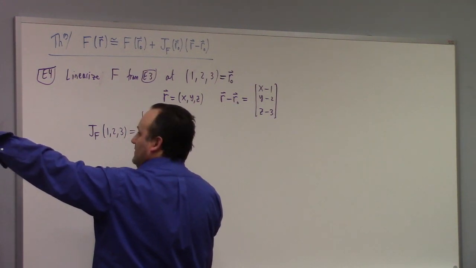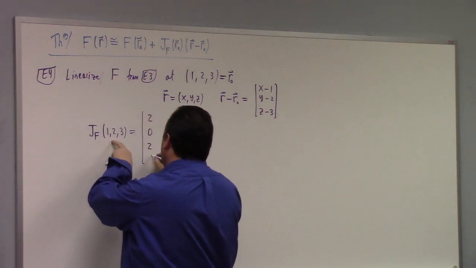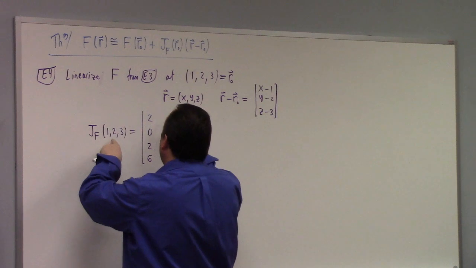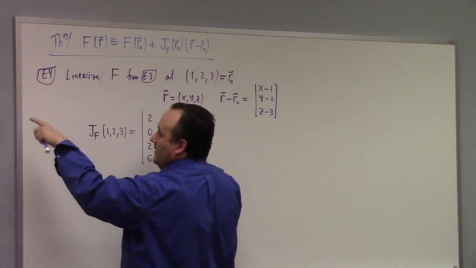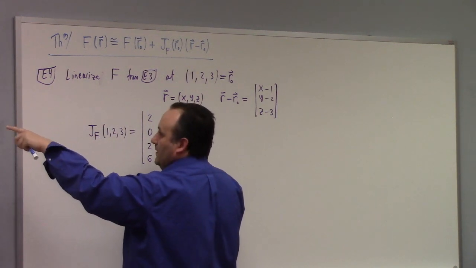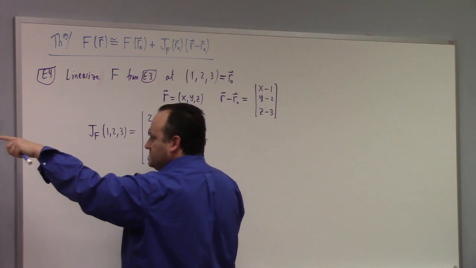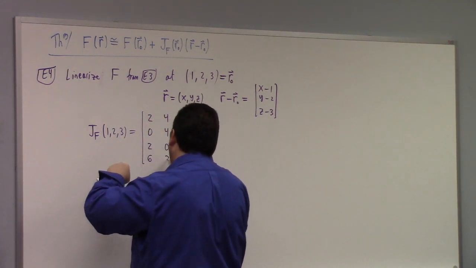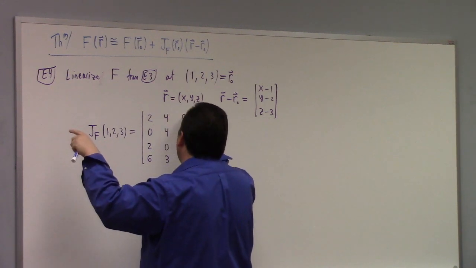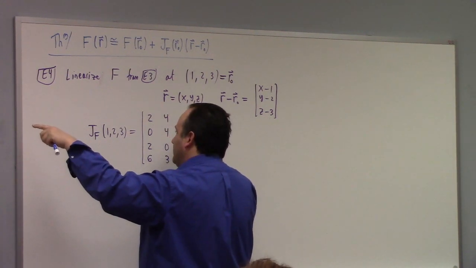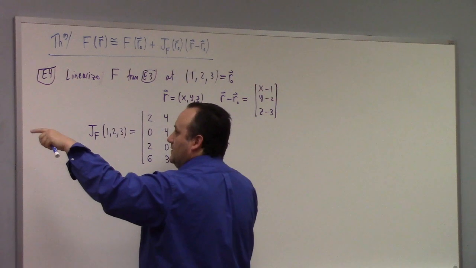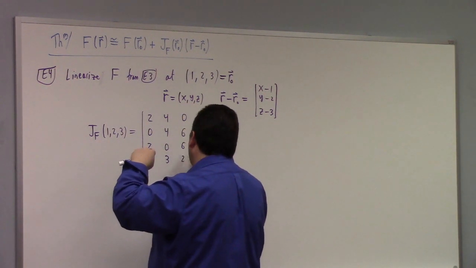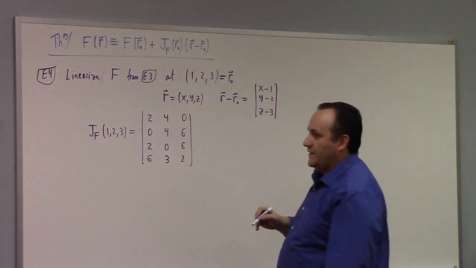Y times z is 2 times 3, 6. 2 times y is 2 times 2, 4. 0. Xz is 1 times 3, which is 3. We got 0. 2 times 3 is 6. X times y is 2 here. All right.